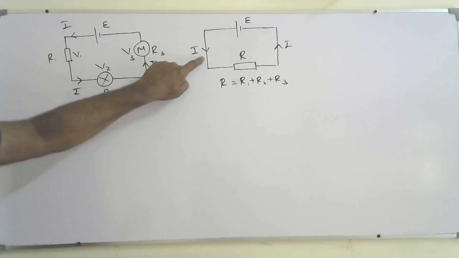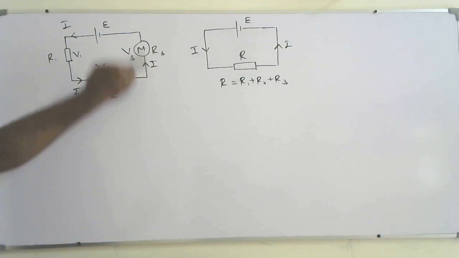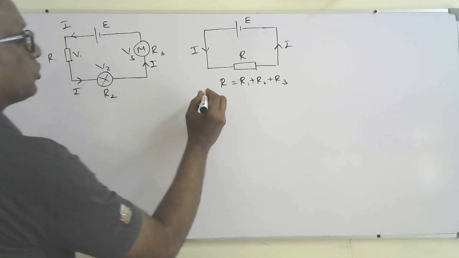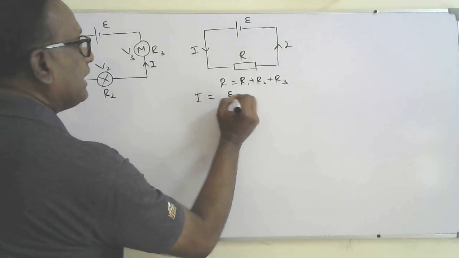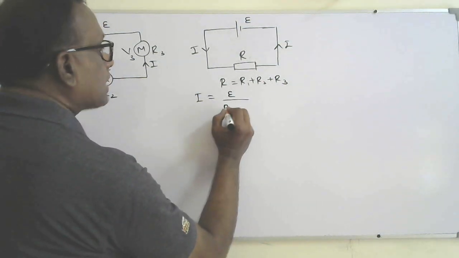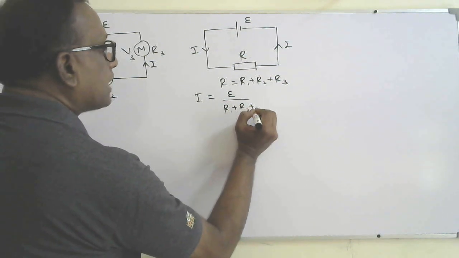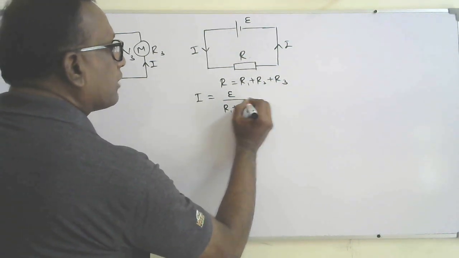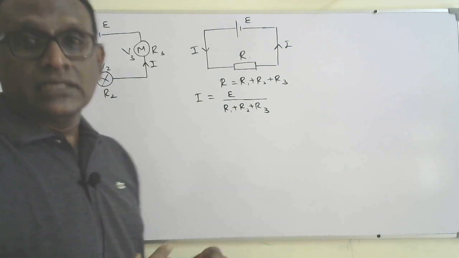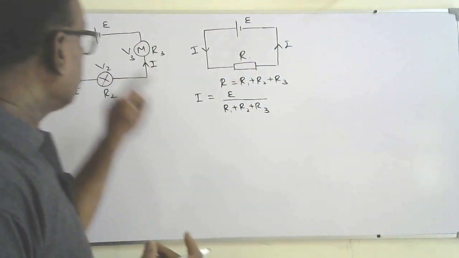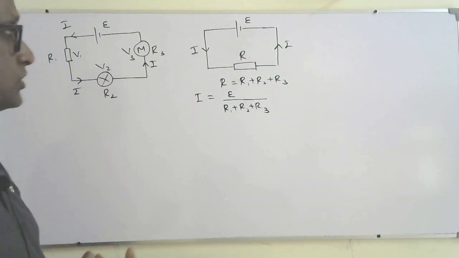The current flow here is the same as the current flow here. So the current can be given as I is equal to EMF over R, that is, R1 plus R2 plus R3. That's the current in the equivalent circuit, so it should be the current in this series connection also.